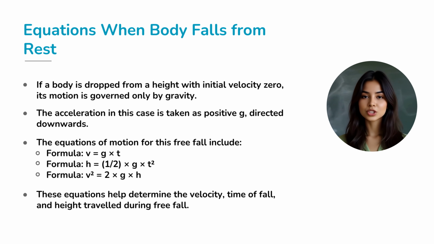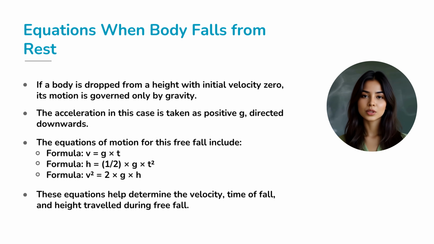Let's now examine a common case when a body is simply dropped from a height, starting with zero initial velocity. In this case, gravity is the only force acting on it, and the acceleration is taken as positive g, directed downward. We use three key equations of motion to analyze such scenarios. First, v equals g multiplied by t, which gives the velocity after time t.